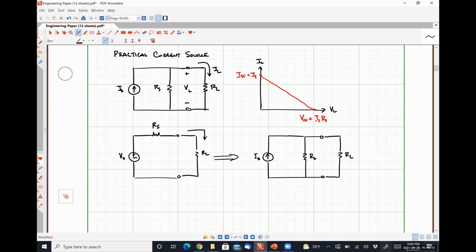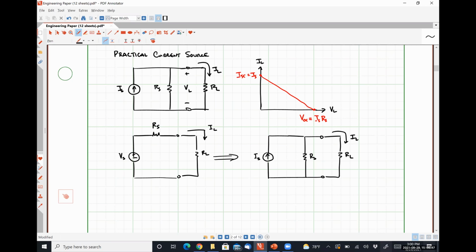If we have the same load resistance connected to both of them, I would argue that if IL is the same for both circuits, VL will have to be the same for both circuits as well, just due to Ohm's law. That's right. Our conditions for electrical equivalence are that VL and IL are identical. And if RL is the same in both circuits, if IL is identical, that satisfies both.